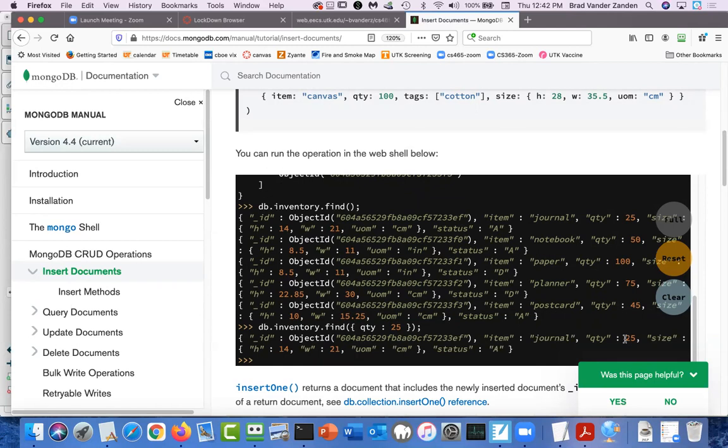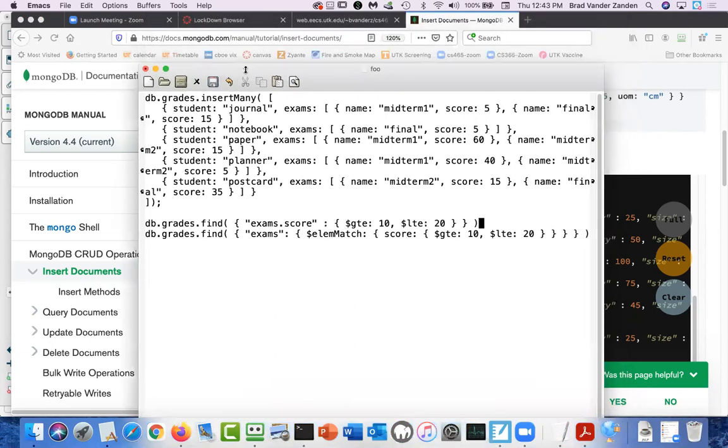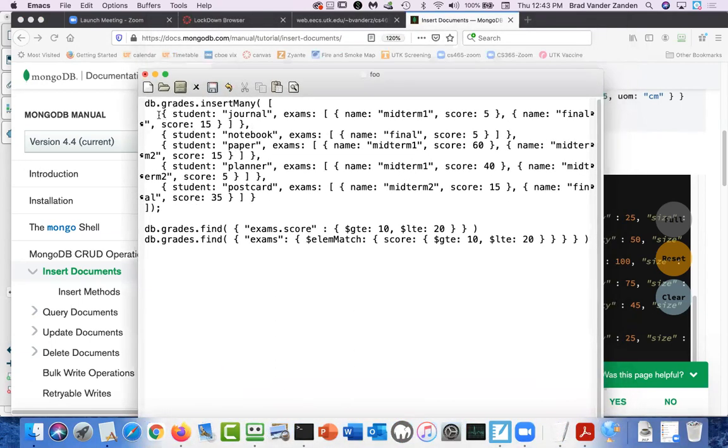What I want to show you is what I meant by the returned results in Mongo can be coarser grained, and why you also have to be careful with what you do with your searching in Mongo. So here I have a grades collection where I have a student, the name of the student.